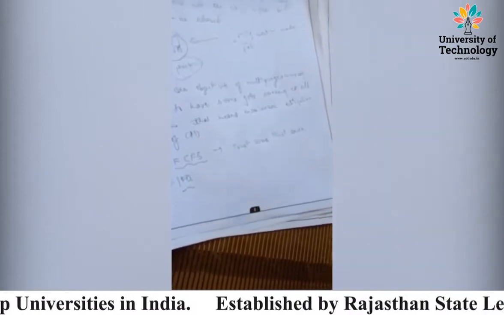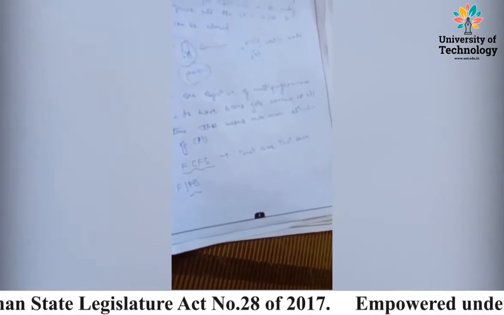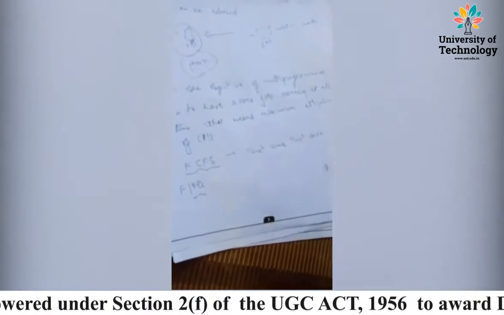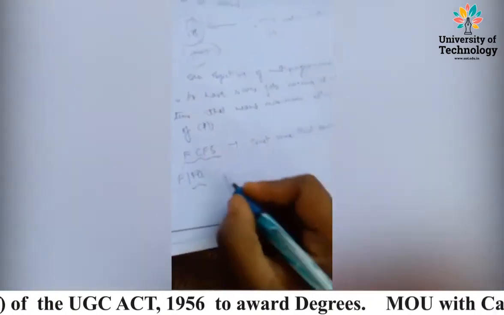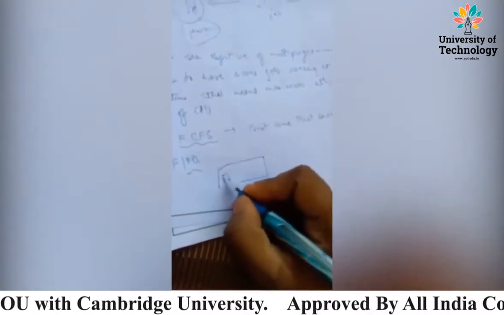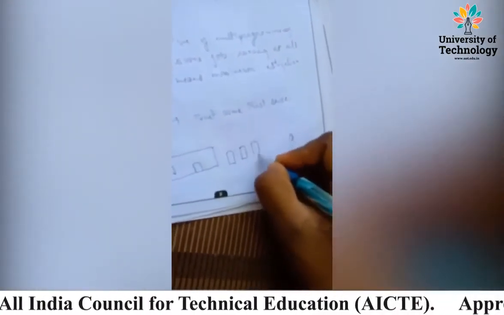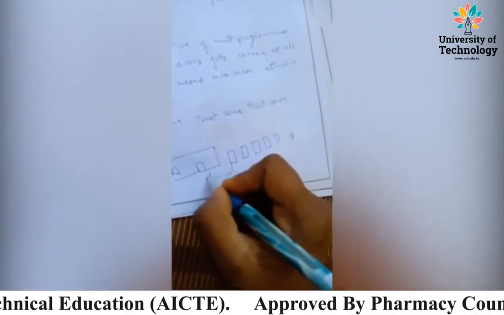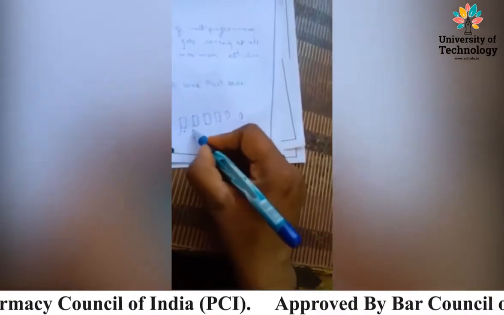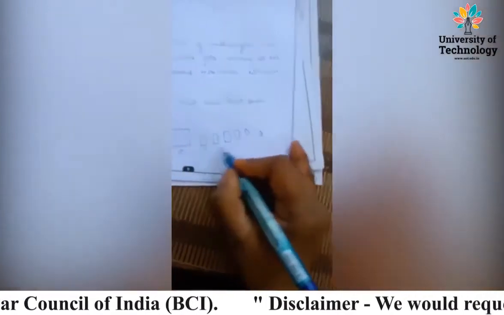The person standing in the first position of the queue always gets inside the bus first. Suppose this is a bus, and these are the people ready to get inside the bus. This person comes first, this comes second, this third, this fourth, this fifth. So these are the people in the queue.